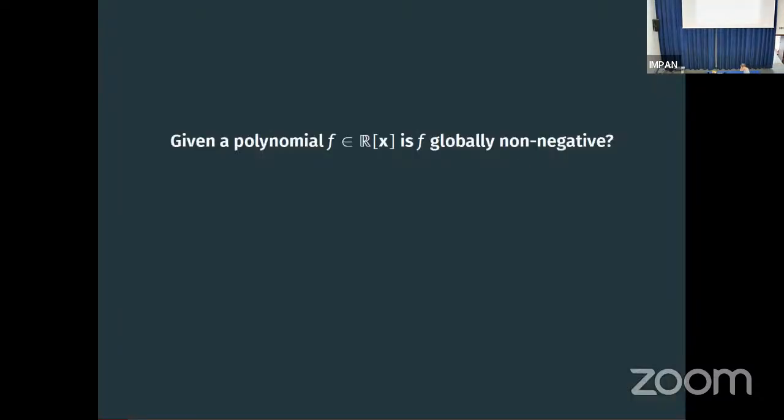Okay, so motivation. Imagine that somebody gives you a polynomial f and asks, is this polynomial globally non-negative? So, for example, if you're running an energy network, you might say demand is some function, supply is some function.